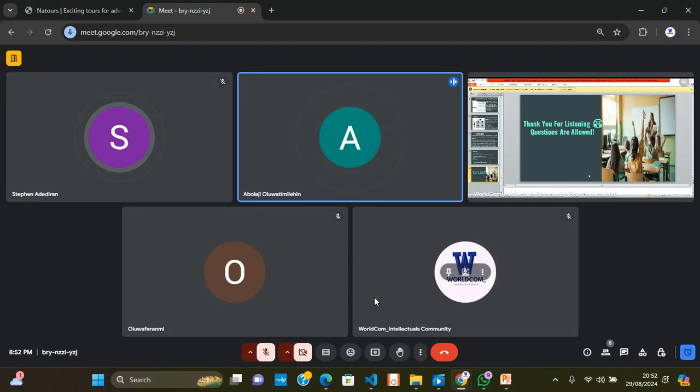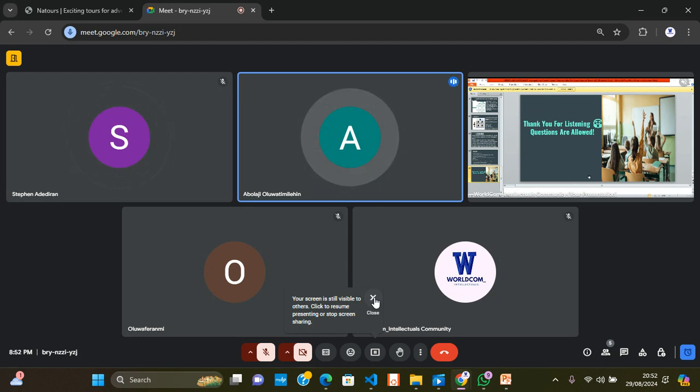Okay, so the thing is, the dominant and the recessive will be separated. When we are talking about the law of segregation, I said the alleles will be separated.